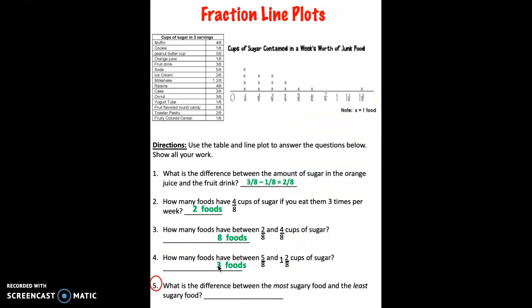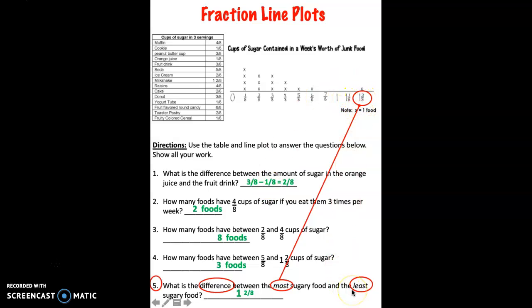Let's take a look at the last question, number 5. What is the difference between the most sugary food and the least sugary food? So we're looking for the difference, which means we're going to subtract. And we're looking for the most sugary food, which is the largest number, 1 and 2/8.